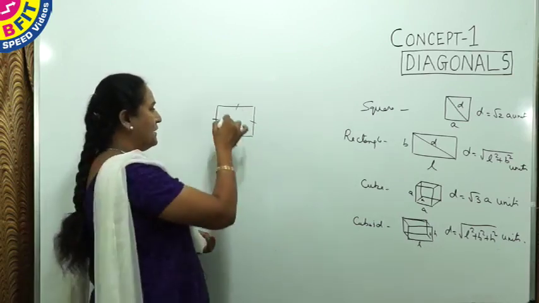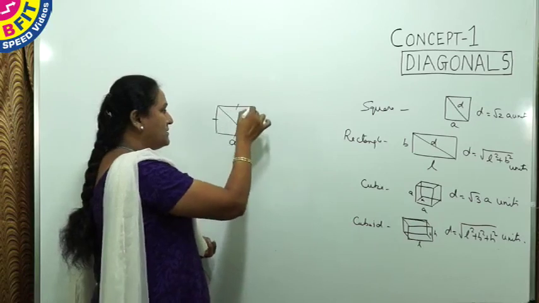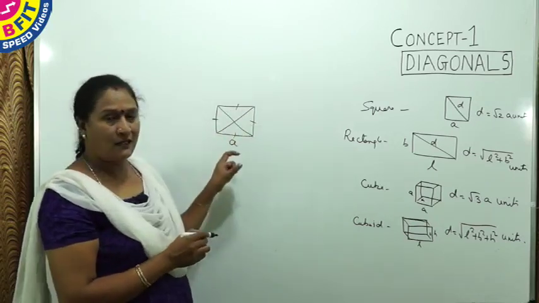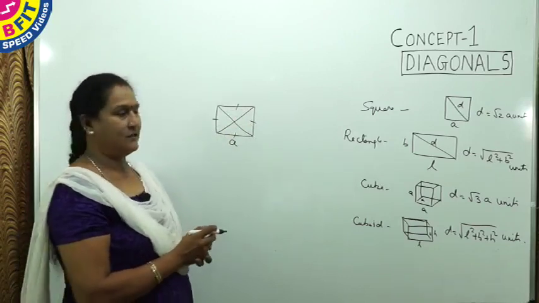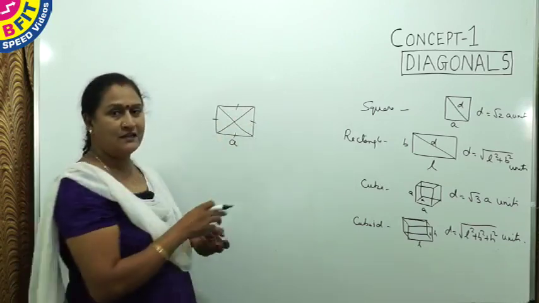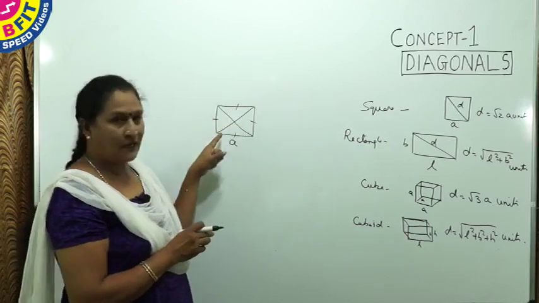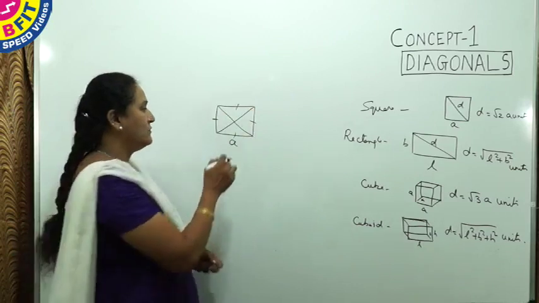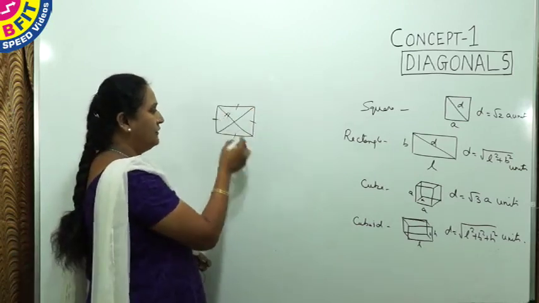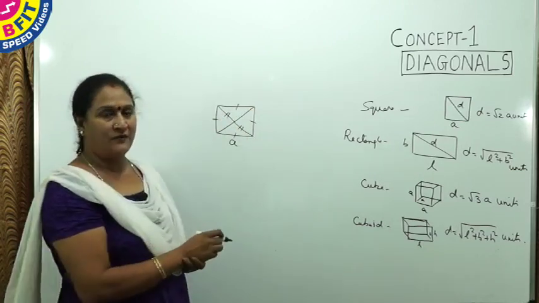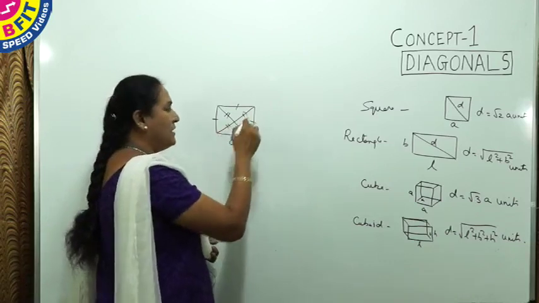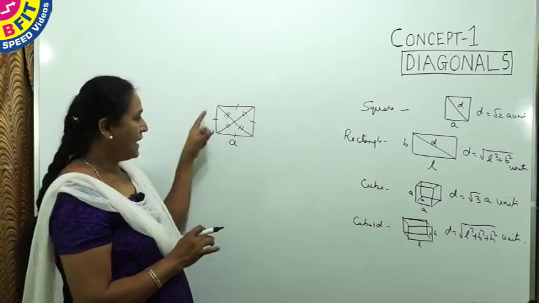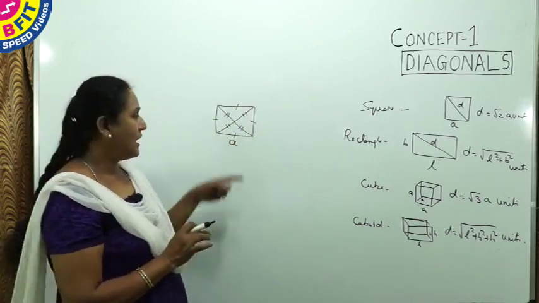For the square, diagonals are of equal length and they bisect each other. Suppose the length of the diagonal is 10, so if another diagonal cuts that, this portion is half of the diagonal. If this is 5, the other part will be 5 and all four parts will be equal. So in a square, all sides are same and diagonals are also equal and they bisect each other.